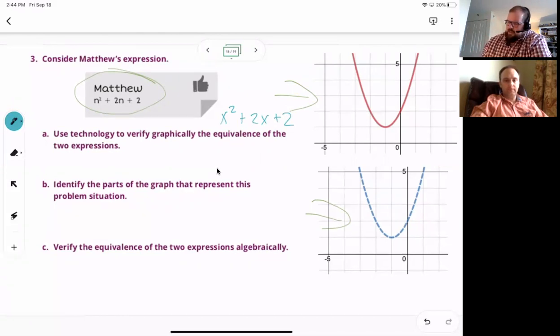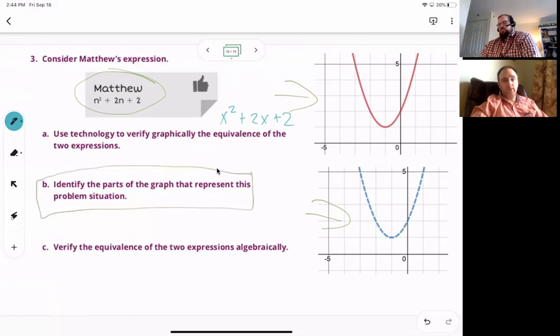And to me, aside from one being a red solid line and the other being a blue dashed line, I can't tell the difference between those. Should I be able to? No, they are the exact same thing. And the interesting part to me is part B. Identify the parts of the graph that represent this problem situation.